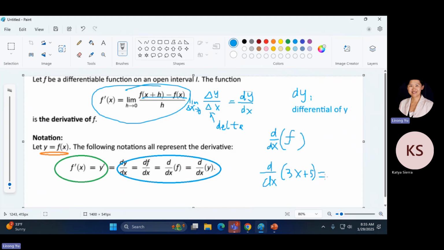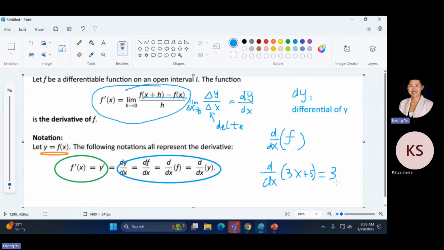Let's try to find the derivative of 3x plus 5. So the answer for this calculation will be 3. Which basically says the derivative of 3x plus 5 is 3.